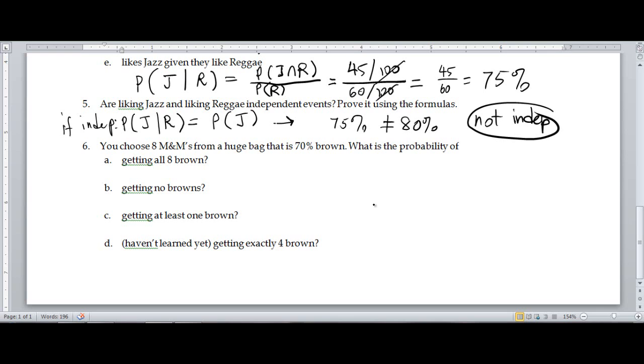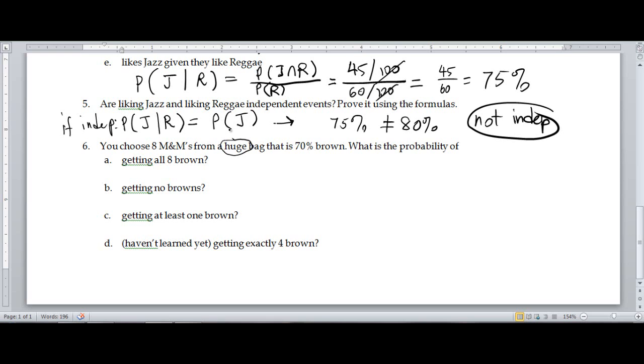Well, here it really doesn't matter because I'm choosing from a huge bag. I can assume that my population is so large, it doesn't matter whether I put them back or not. So with replacement and without replacement is going to be exactly the same here. Because my bag is so huge, choosing a small sample is not going to affect the population.